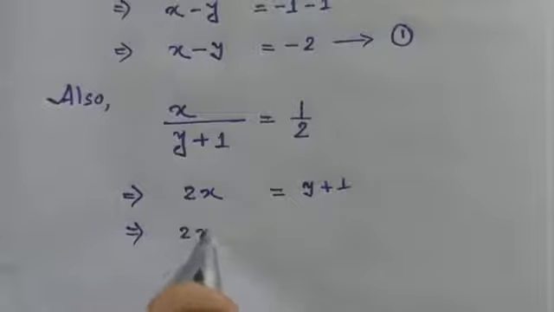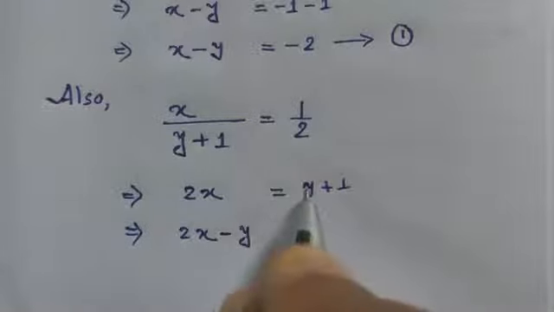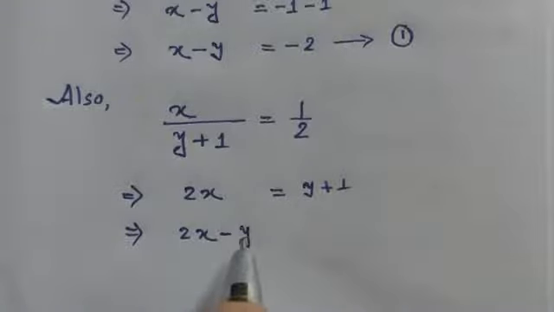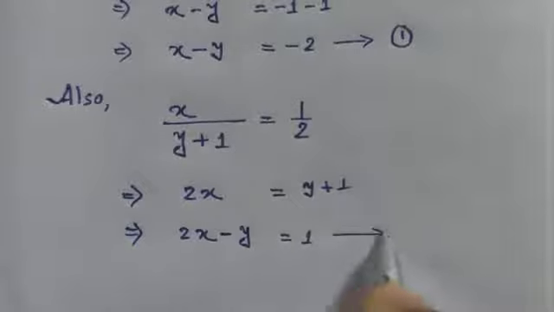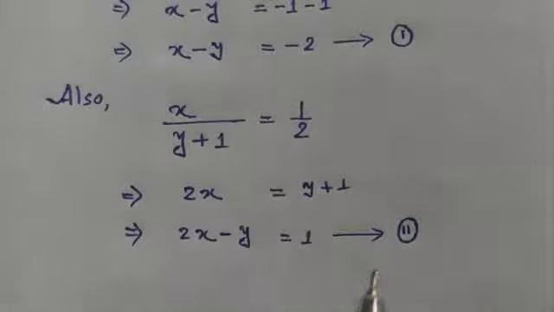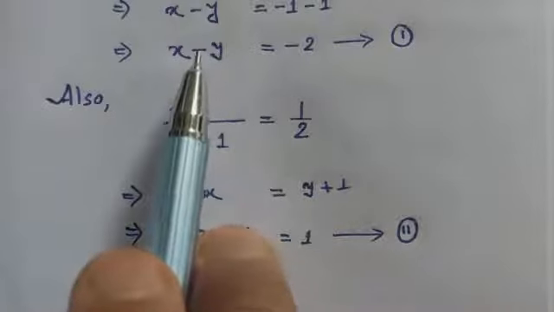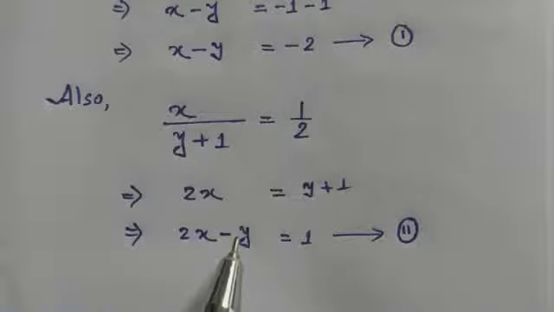So 2x minus y, it is positive y, and if you bring it this side, it would become negative y, is equal to 1. Let us name it as equation number 2. Clear? Now what to do? Let's see, in the previous equation we have negative y this side, and in this equation we have negative y this side.